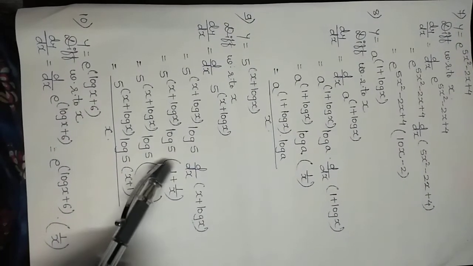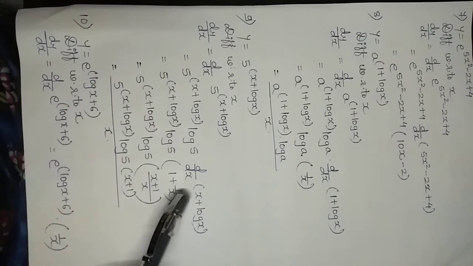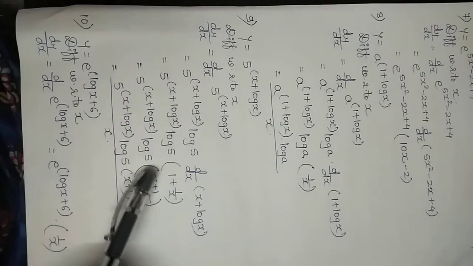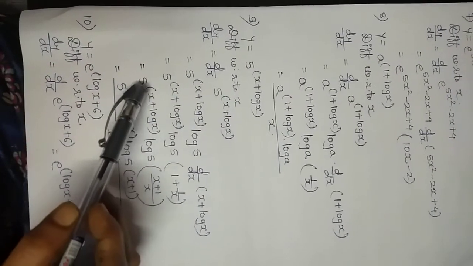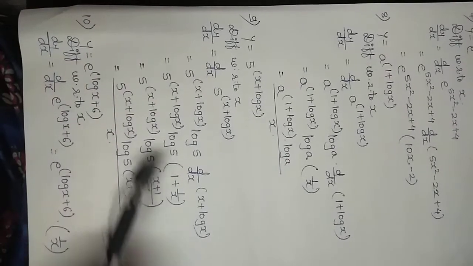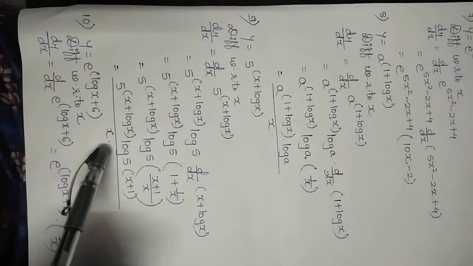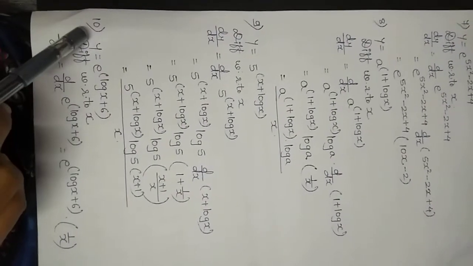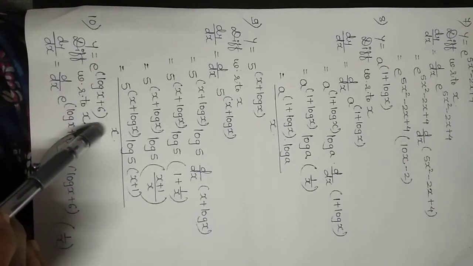So the derivative of x is 1, the derivative of log x is 1 upon x. And if we cross multiply this, then we will get x plus 1 upon x. So for the last answer, we will write all the terms in the numerator and the denominator will contain only x.